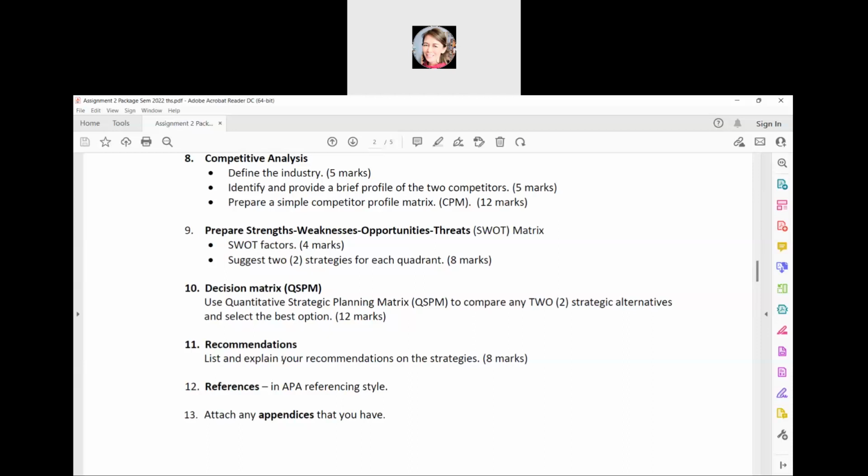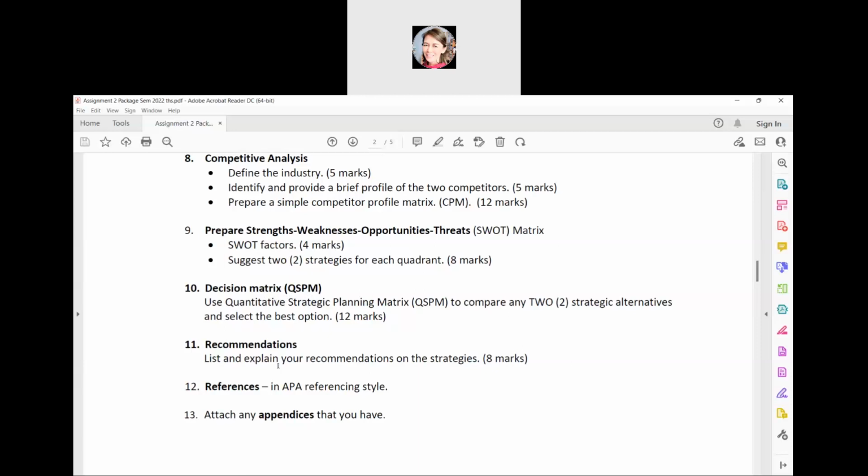You need to describe and explain your recommendation, and why you think that's a suitable strategy for the option that you have decided on in stage three. That's 8 marks for recommendation.